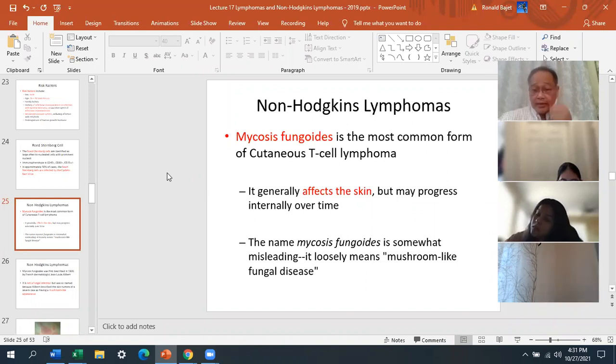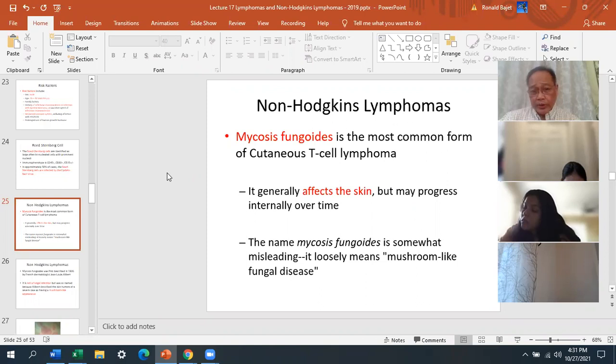Make sure you know that term. The term cutaneous means that it affects the skin. So Mycosis Fungoides is a non-Hodgkin's lymphoma that generally affects the skin, but may progress internally over time.